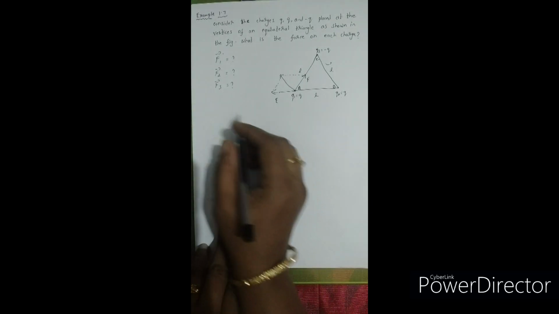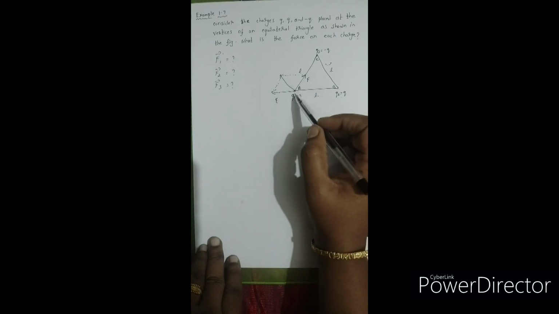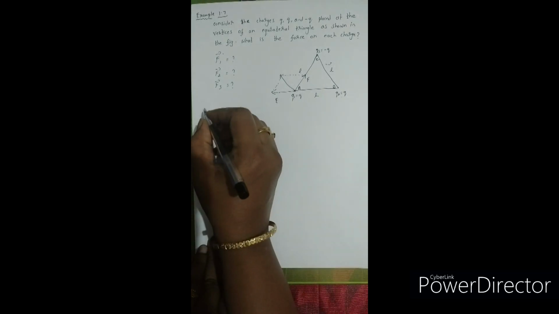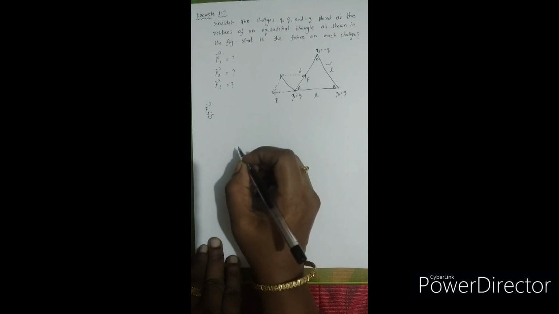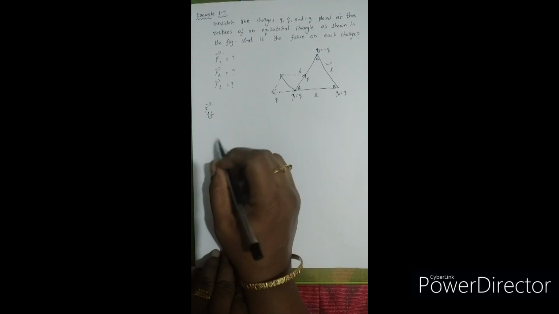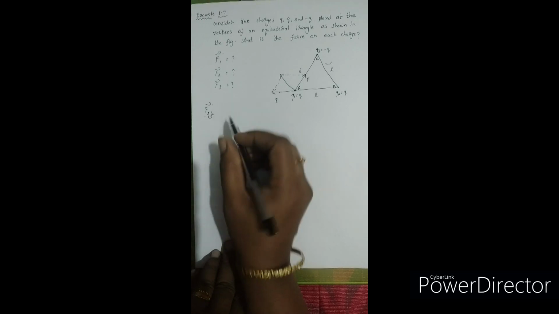Okay, so let's see. So now first of all, let me calculate the force on Q1 due to Q2, right? This is how you write Coulomb's law in vector form. Force on 1 due to 2.